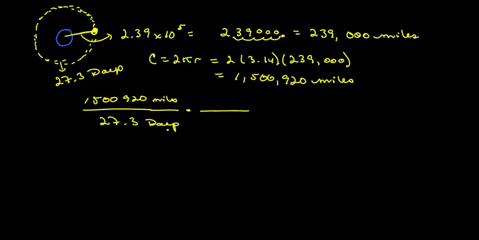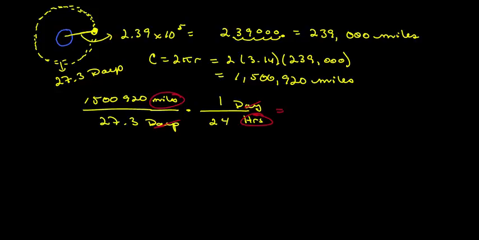Now I want it in miles per hour, so I have to put days on top here so that they cancel, and hours on the bottom here. So in 1 day, we know we've got 24 hours. Notice now the days cancel out, and I'm left with miles per hour. So we'll just multiply across.